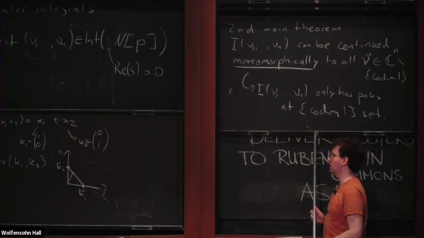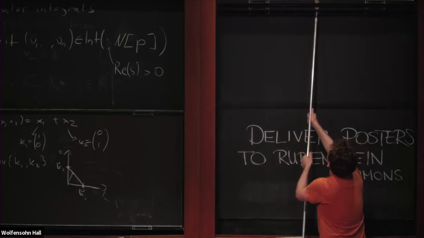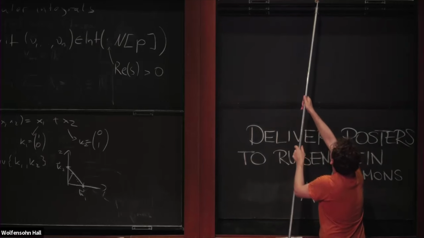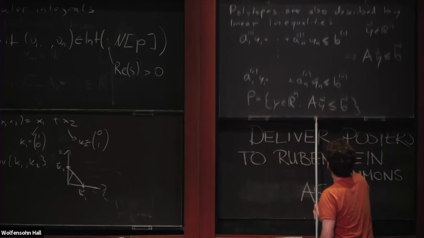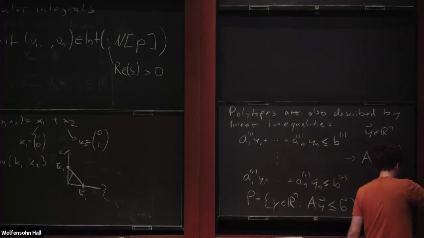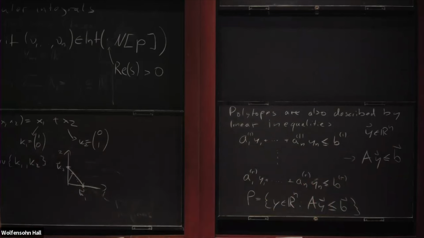And you can do that. And this is also how you prove the meromorphicity. And in the last couple of minutes, I'm going to briefly sketch via an example how this works. There's a trick that allows you to do that.